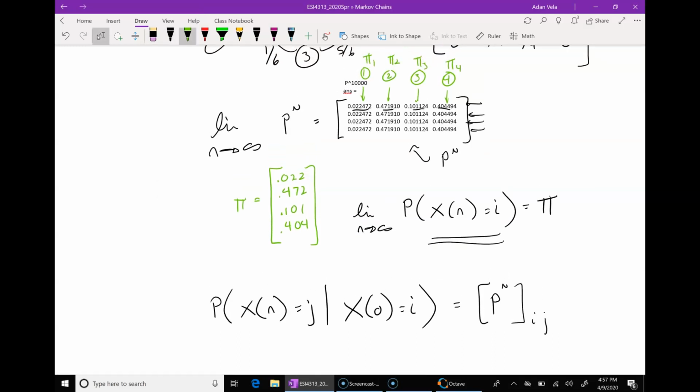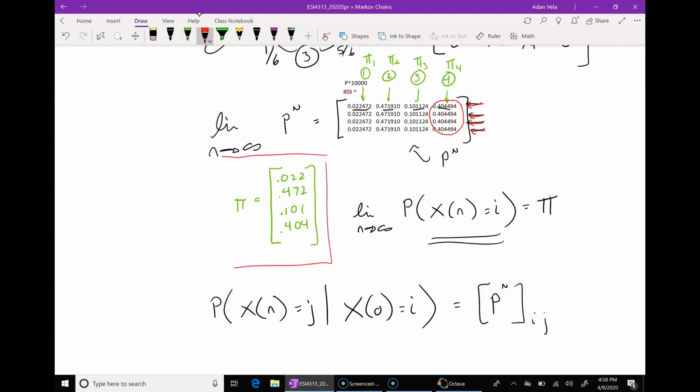Now, the interesting part here, again, is that if we choose any i, for the same j, we get the same value. What this tells us is it doesn't matter where we start out. The probability of where we end up far, far into the future stays the same.